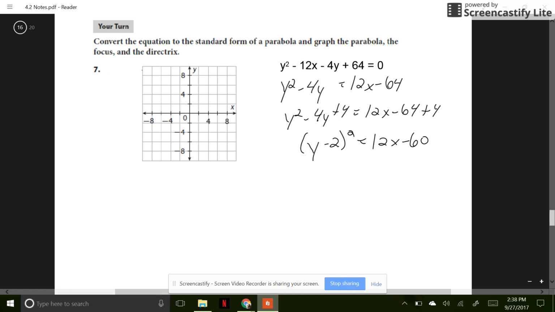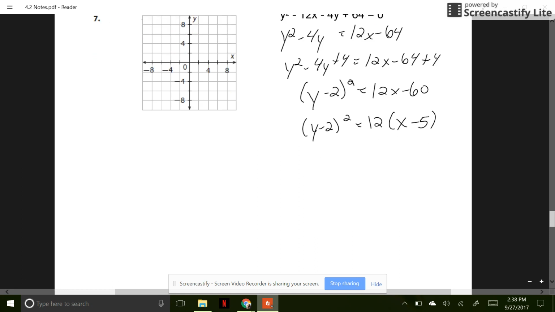We factor out what we can on the right, y minus 2 squared, and factor out the 12, and we get x minus 5. So from here, what do we know? We know the vertex should be at 5, 2. We know that 4p is 12, which means that p is 3.